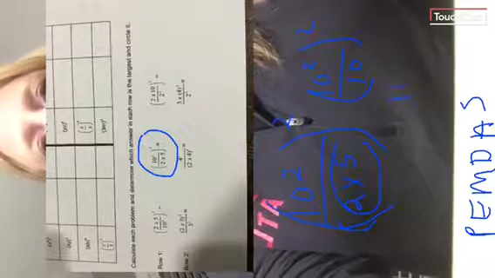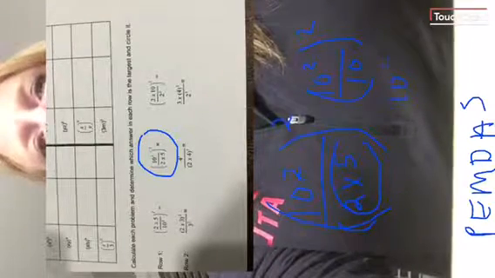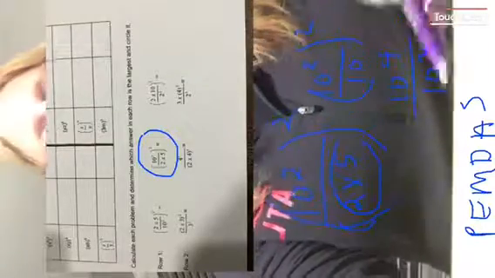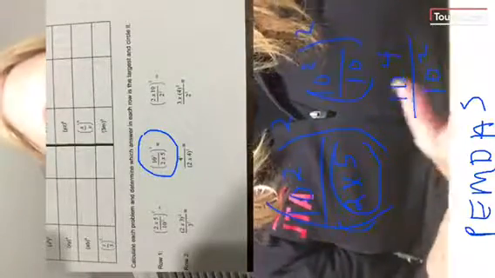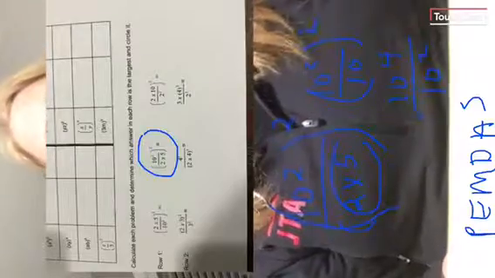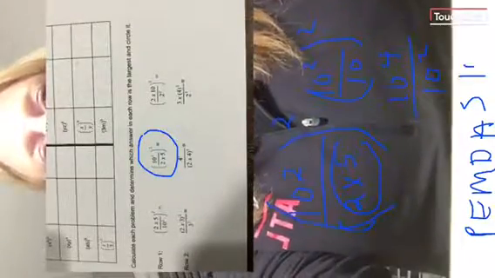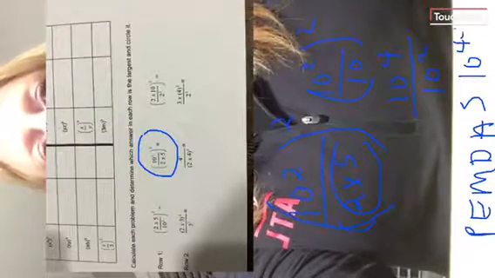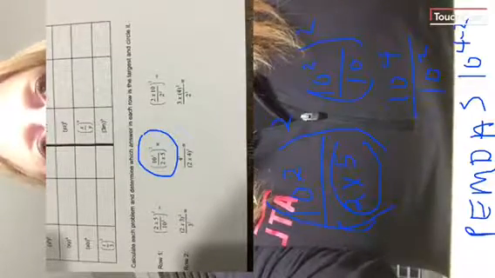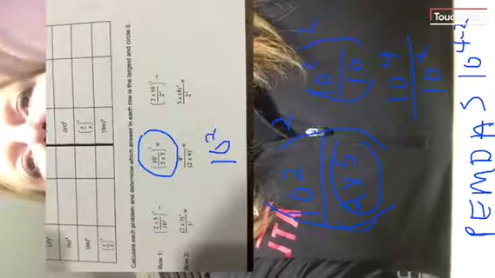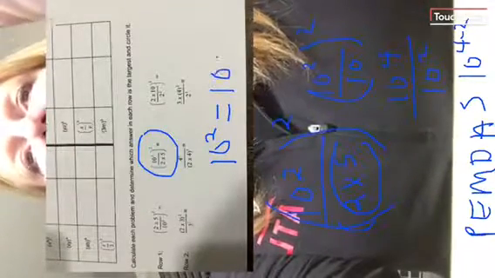So we're going to have 10 to the 2 times 2, which is 4, over 10 to the 2. Now you can use your subtraction or your division. Those are like bases, so we're going to say 10 to the 4 minus 2. So our final answer would be 10 squared, and you would want to simplify that to 100.